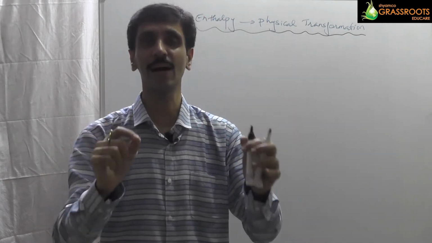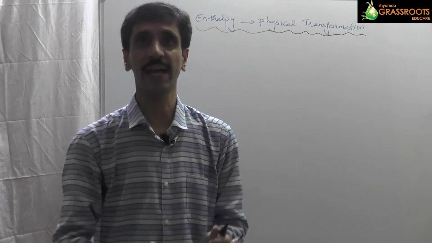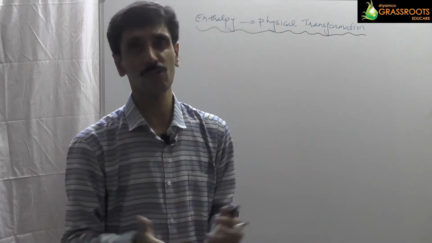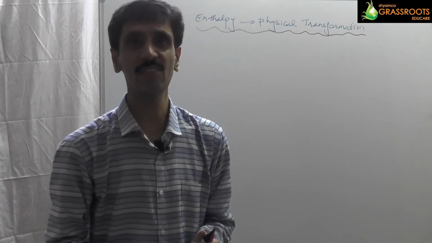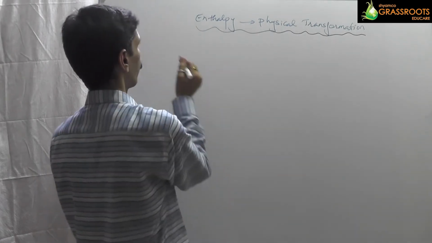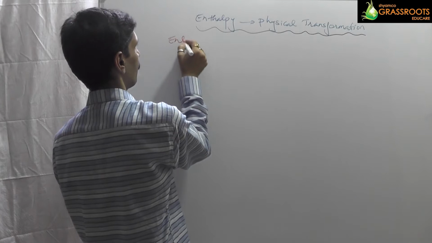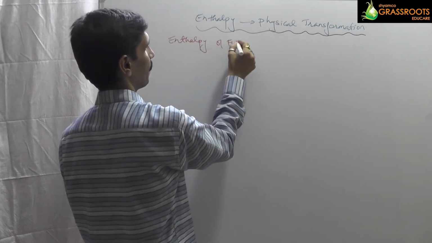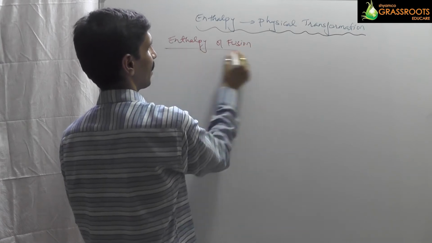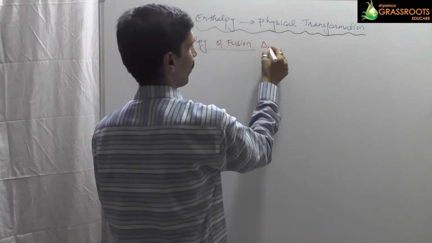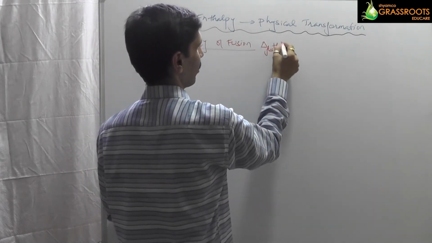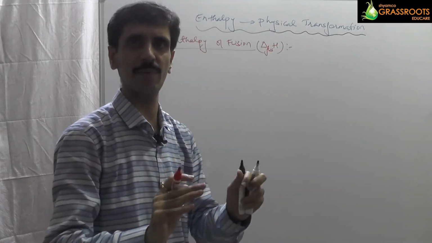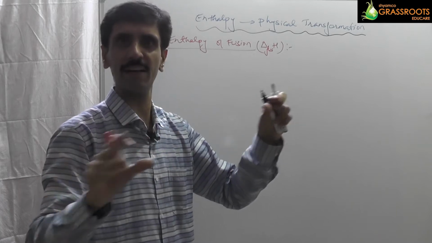During a change in physical state, energy changes occur, and we have to consider that here. So let's start with the very first one, and that is enthalpy of fusion. Now, the symbol for enthalpy of fusion is delta fus H. So to begin with, in the definition the starting part and the ending part are the same.